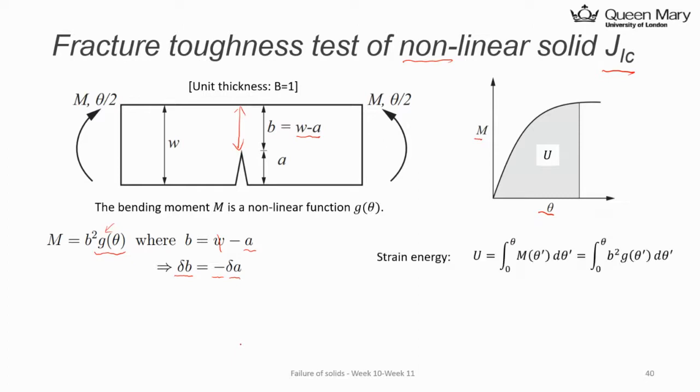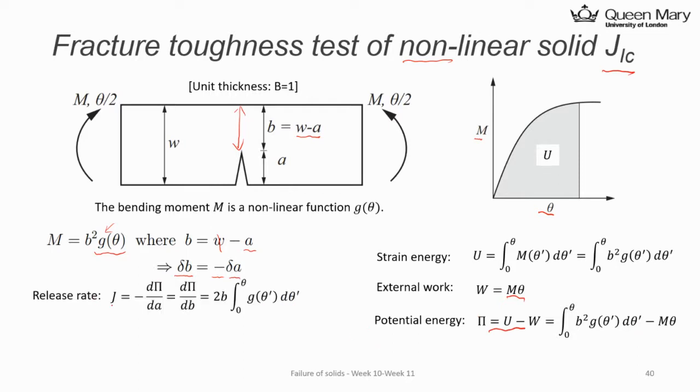You will get this minus delta a. So strain energy, again, you can integrate this curve to get this shaded area. External work is the M times theta, like force times the displacement. And potential energy, similarly, this minus that.